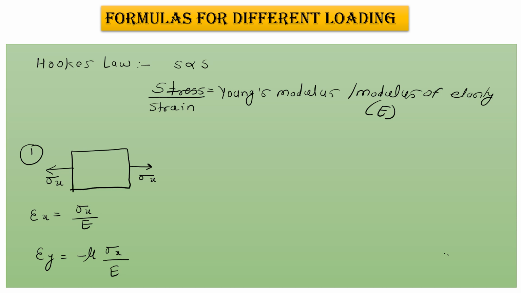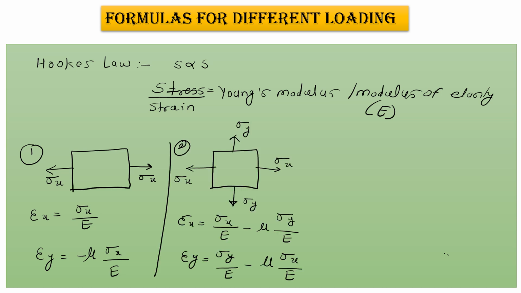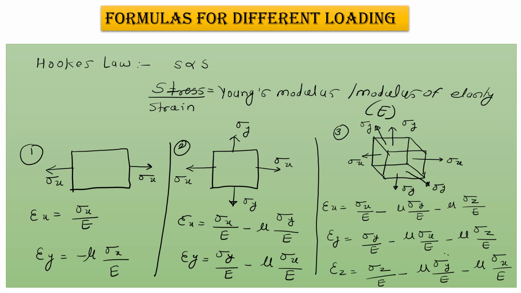The next case: if the loading is applied on two sides, in the x and y directions, then these are the formulas for strain about the x-axis and strain about the y-axis. The third condition: if force is applied on three sides, meaning x, y and z, in all three directions, then these are the formulas for the strains in the x, y and z directions. So these are the three formulas.